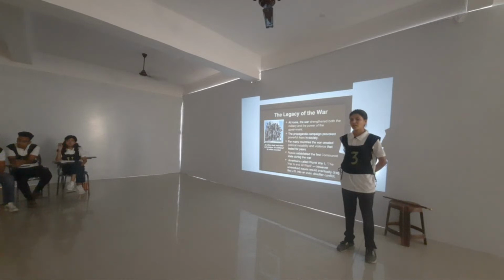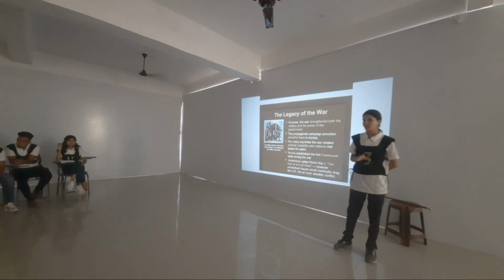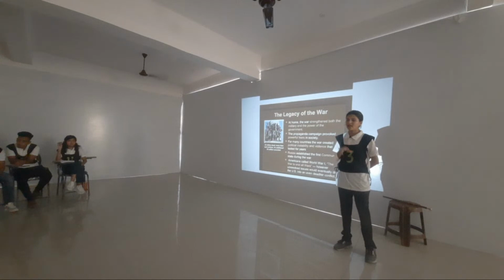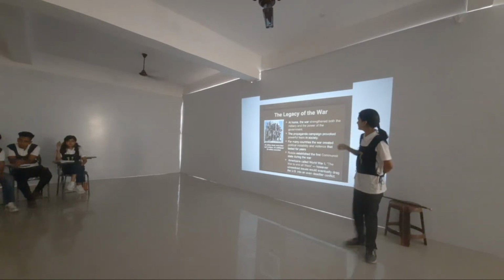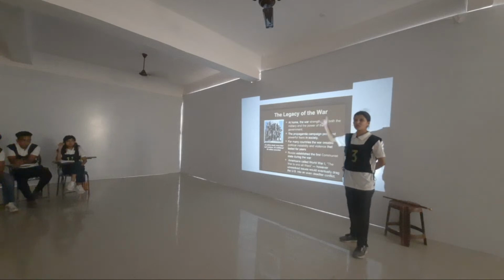Actually, Serbia is one country. Austria proposed an alliance with Serbia, but Serbia, as we can see from the map, is in close proximity and adjacent to Russia.